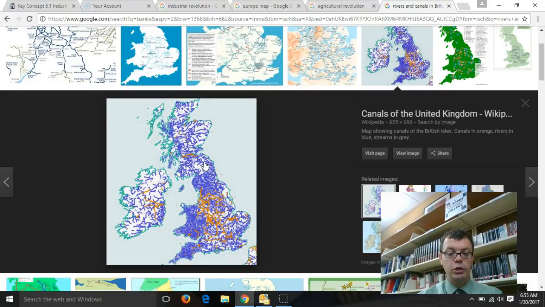So if you're making goods, you can ship them over and sell them, and you can even get them to the harbors, which are up here and down here, where you can sell these goods to the rest of the world. So transportation was a very big factor in moving goods in the Industrial Revolution.